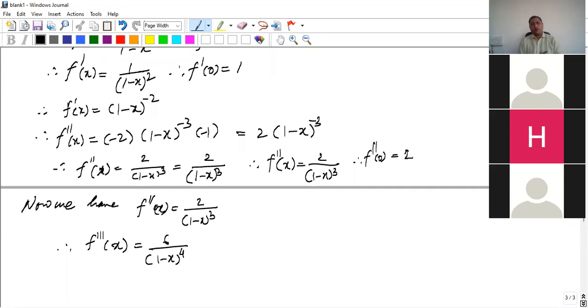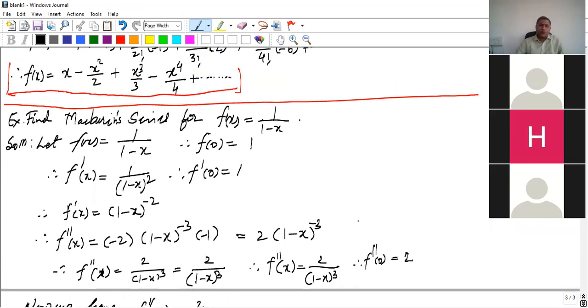So this way we are able to get the third derivative as 6 upon (1 minus x) bracket raised to 4. Now calculate the value of this third order derivative at 0. If you put x equal to 0, what is the value? 6.